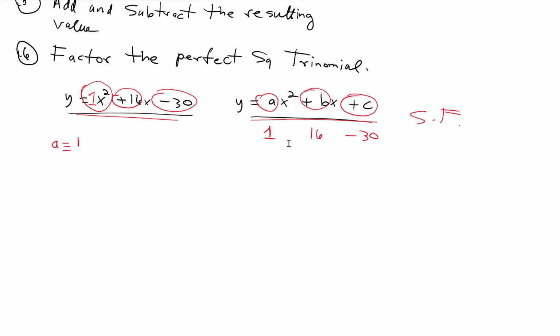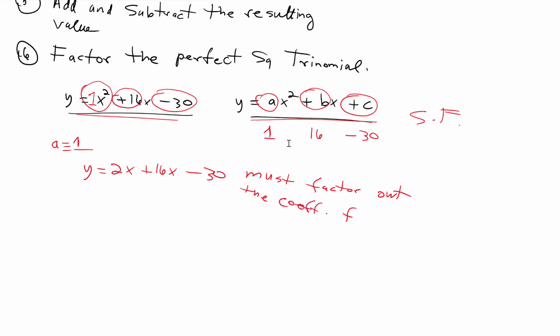So a must be 1. Now, what if a is not 1? Let's say we had y equal 2x squared plus 16x minus 30. Then you must factor out the coefficient from all terms. What does that look like?